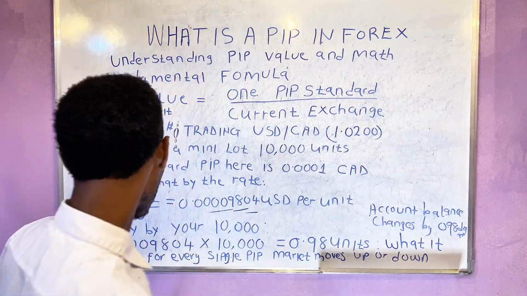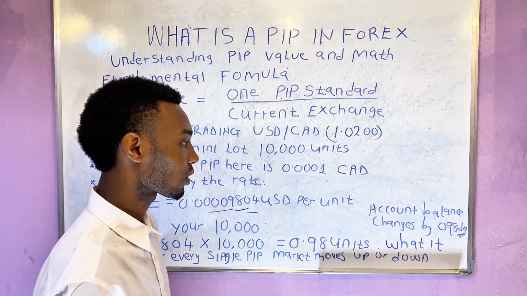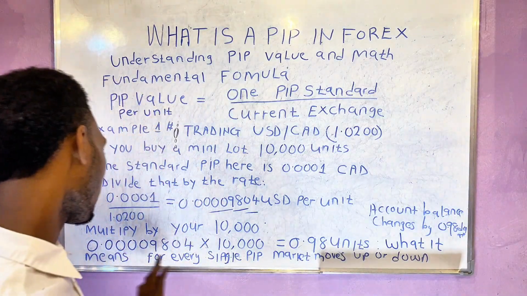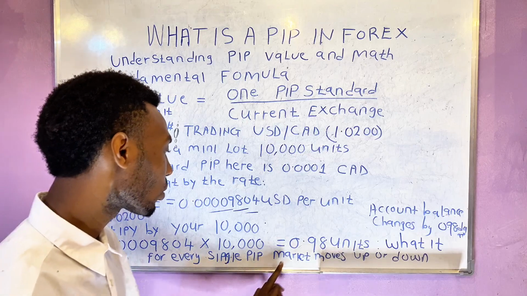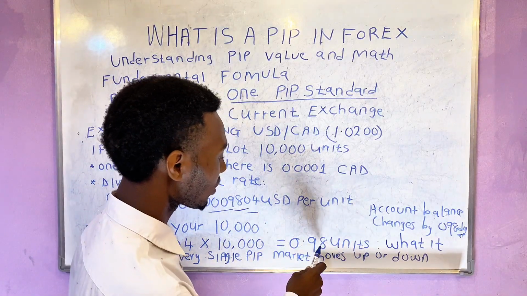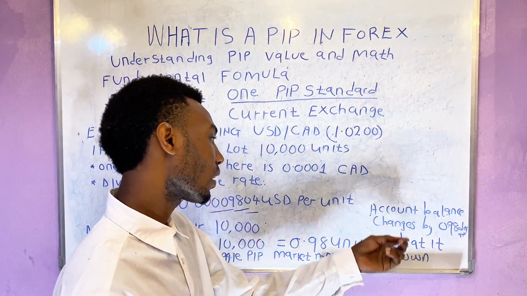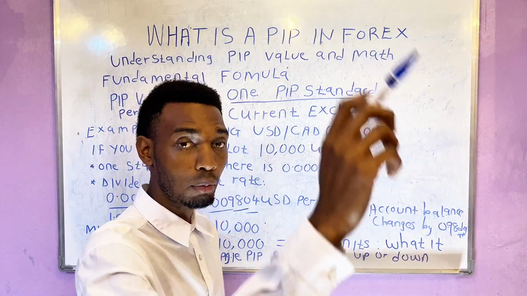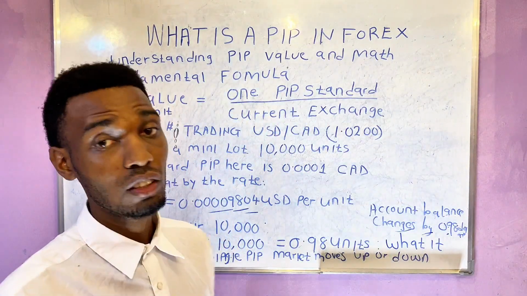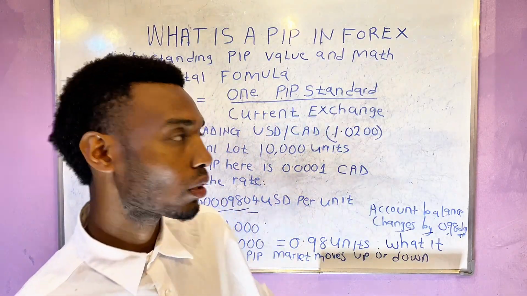What it means is that for every single pip the market moves up or down, your account balance changes by $0.98. That is how you know if you're making money or making losses, through the pip value.